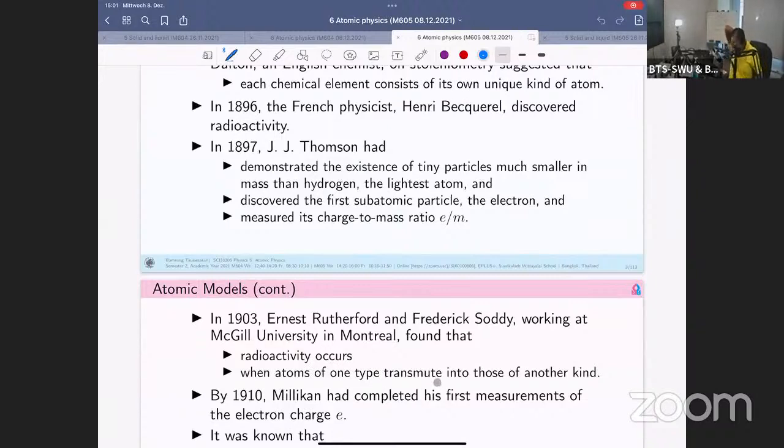You know that an atom consists of protons and neutrons, right? But the people at that time didn't know that.